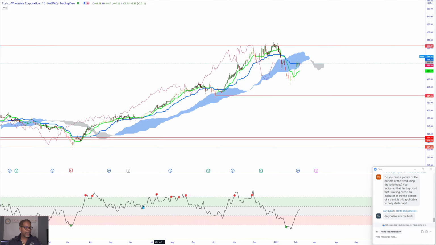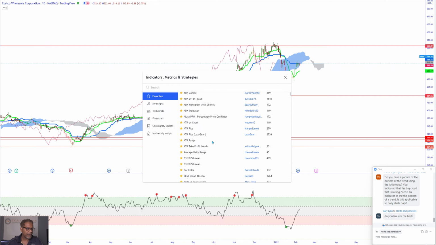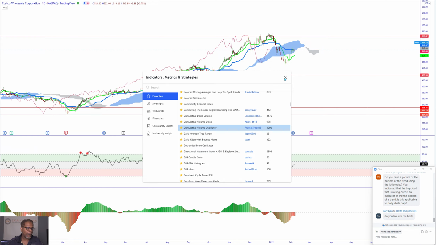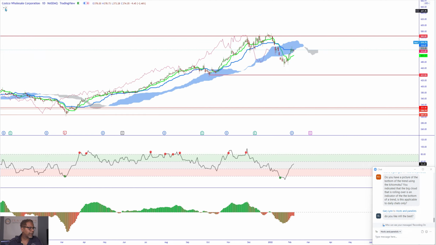Sometimes you can't see the hidden divergences with the cumulative volume because it's a histogram. Now, if we turn it into a line, it could be different. I think we could turn it into a line. Let me see. But I still would use the money flow oscillator first. Let's see if we could turn it into a line.